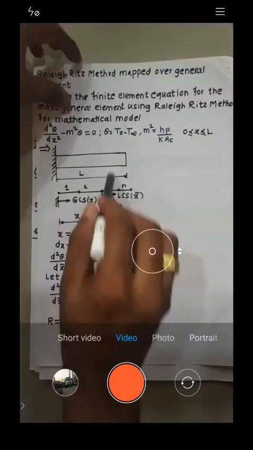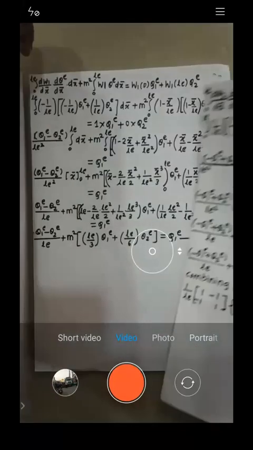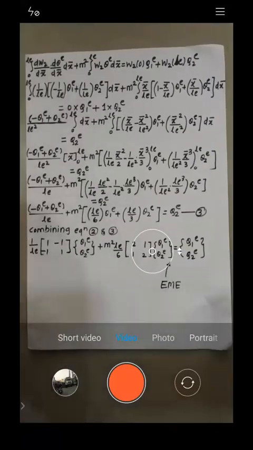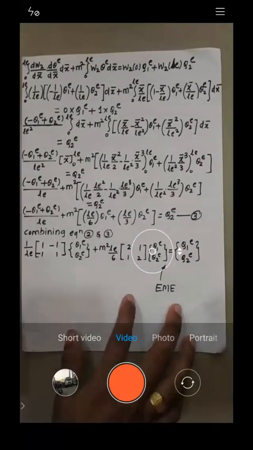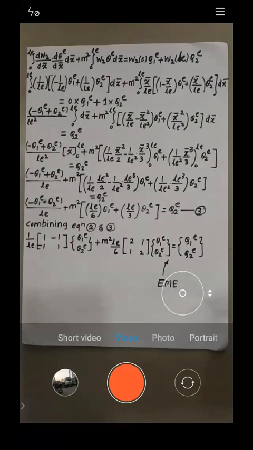That equation we have solved by using the Rayleigh-Ritz method. At the end, we have reached this element matrix equation. All of you understood this one? Yes, sir.